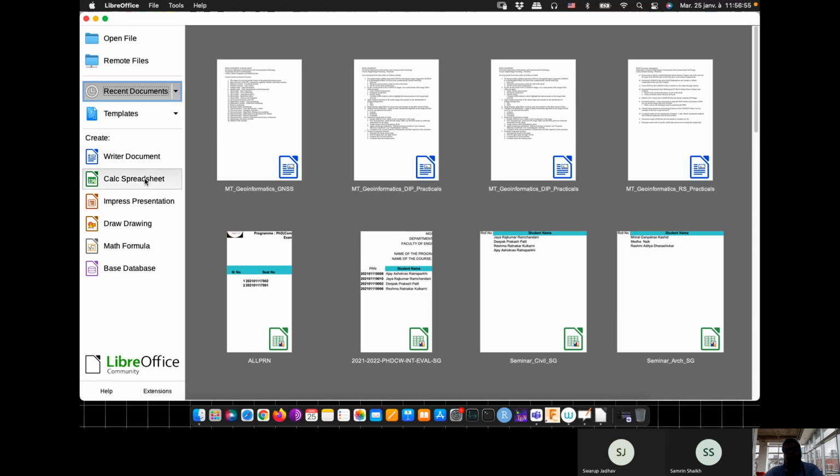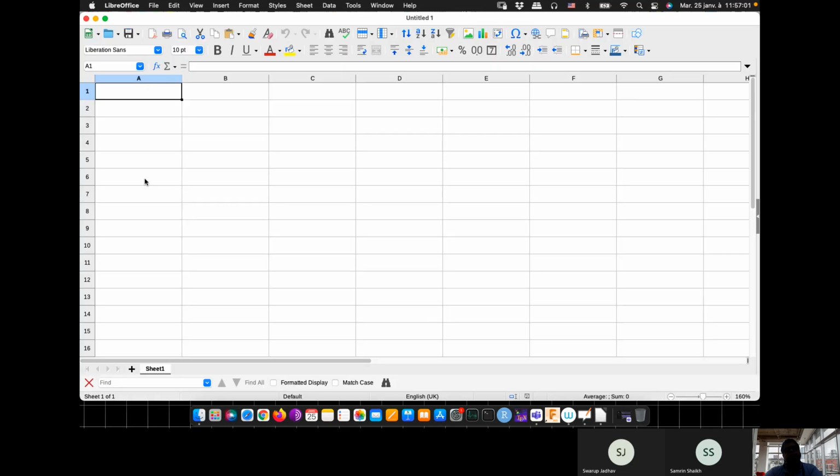You can use the Calc spreadsheet. Okay, so this is my spreadsheet. As I told you, what you have to do is calculate x, then f(x), and then we'll do some computations here.